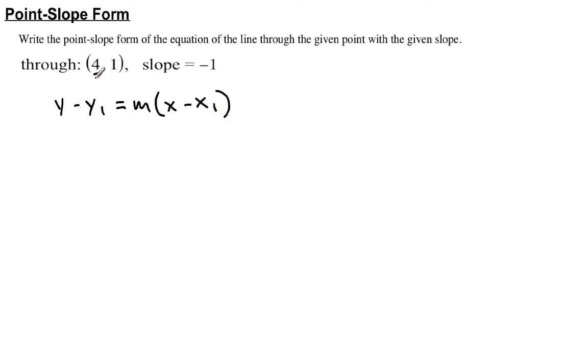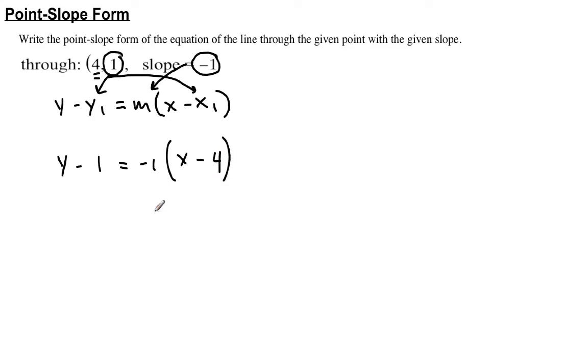Cool, and then the 4 gets substituted in for this x, and the 1 gets substituted in for this y, and then a slope of -1 goes in for the m. Okay, so what this looks like is y minus 1 is equal to -1, right, times x minus x1 is 4. Okay, and that's it.